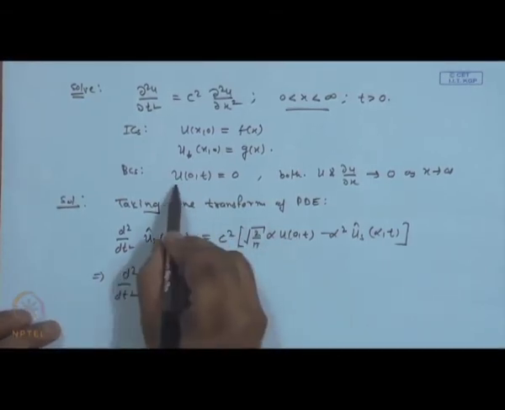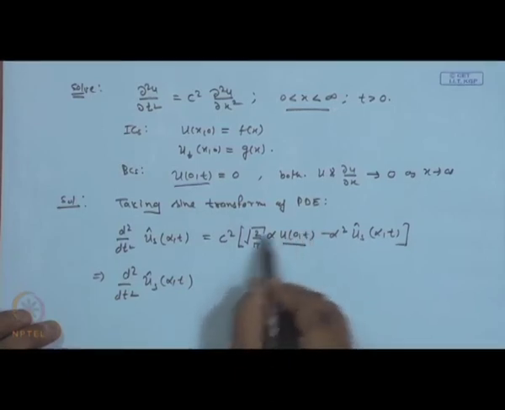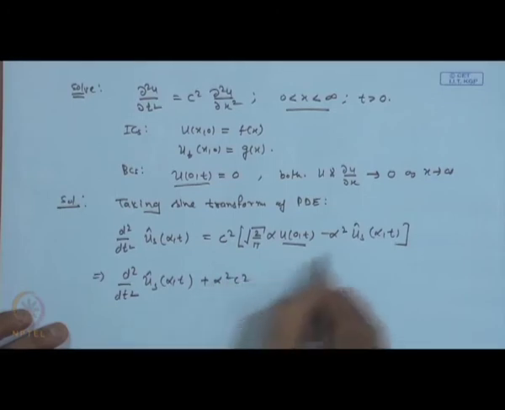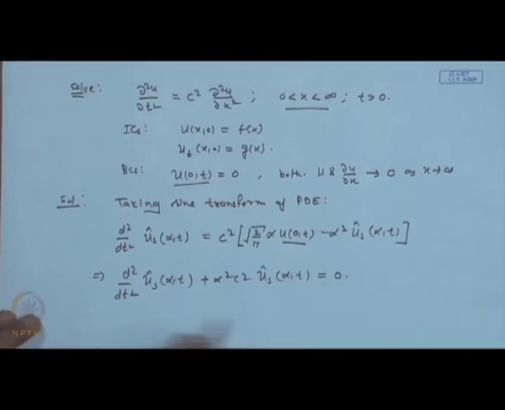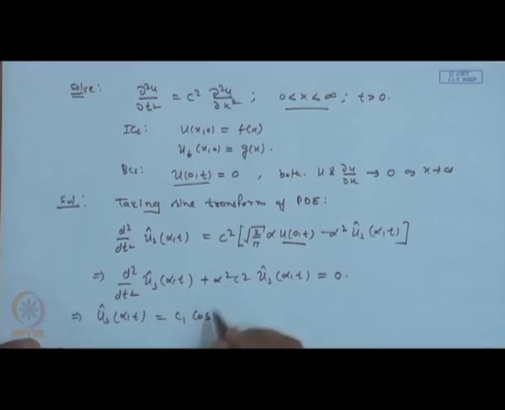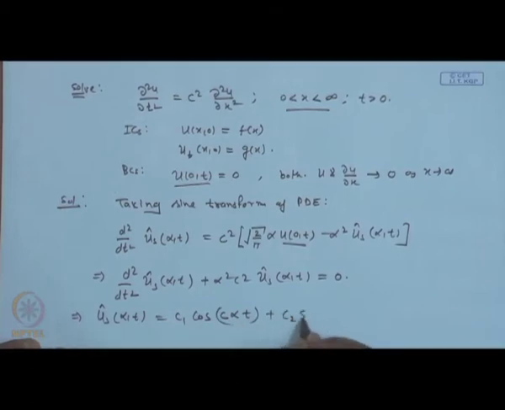And u(0,t) is given as 0, so this term will disappear and this will come to the left hand side. This is d2 u_s hat over dt square plus alpha square c square u_s hat(alpha, t) equal to 0. So, now again we can find its general solution, and that will be given by c1 cos(c alpha t) plus c2 sin(c alpha t).